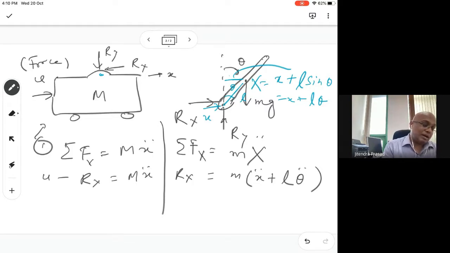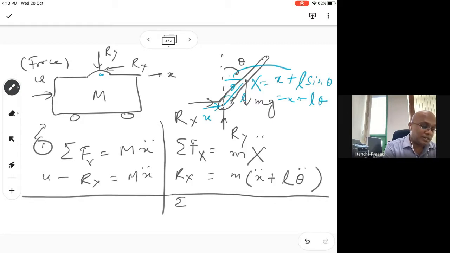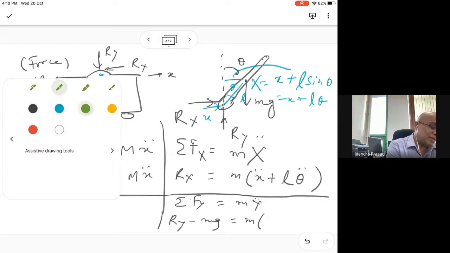Okay, and this is then another equation. The summation of forces in the y direction has to be equal to m times y double dot, where Ry minus mg is equal to m times y double dot. And what is the y value? So the y value we can get from here.